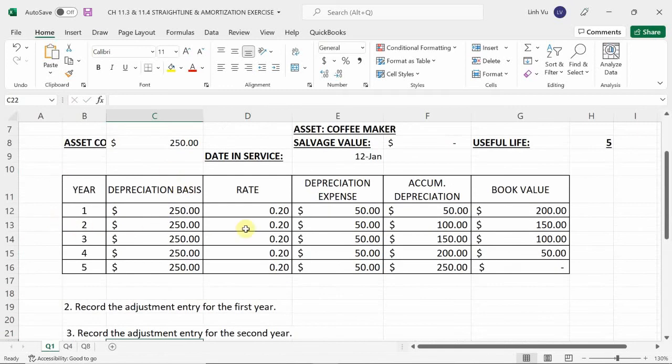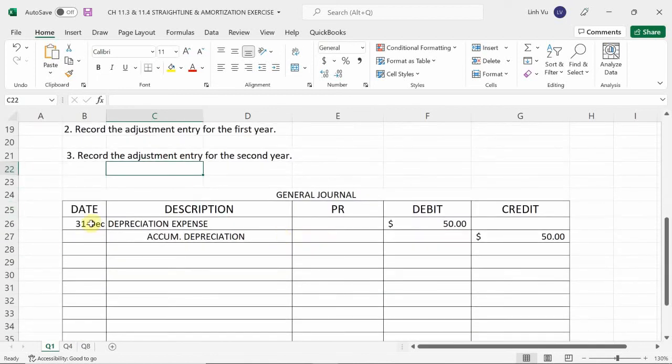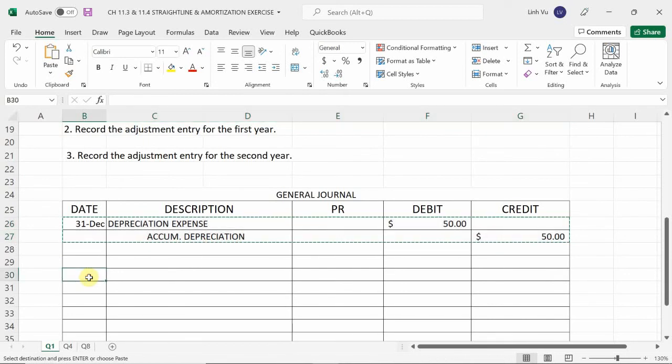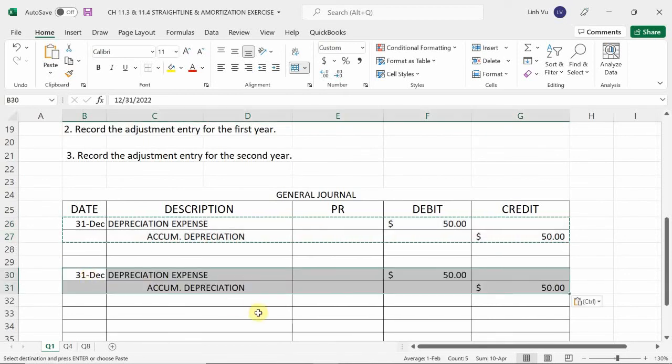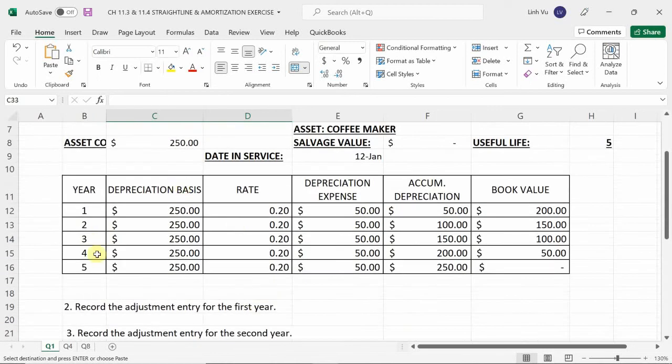What was my depreciation expense for the second year? It's 50. It's going to be the same exact one. Depreciation expense and accumulated depreciation. Okay, for $50, yes, for the second year.